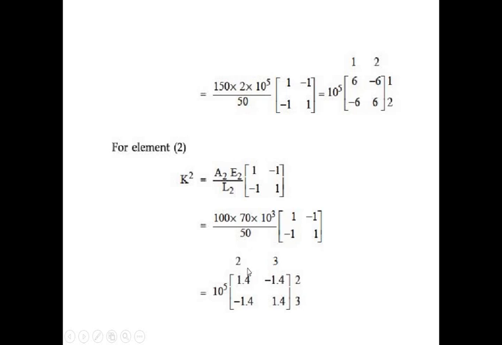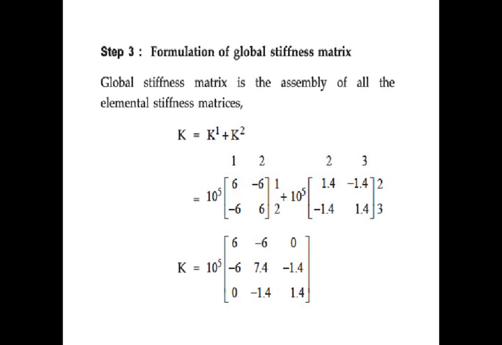These node notations will help you at the time of adding the matrices. The global stiffness matrix is the assembly of all the element stiffness matrices, so global stiffness matrix K is equal to K1 plus K2.